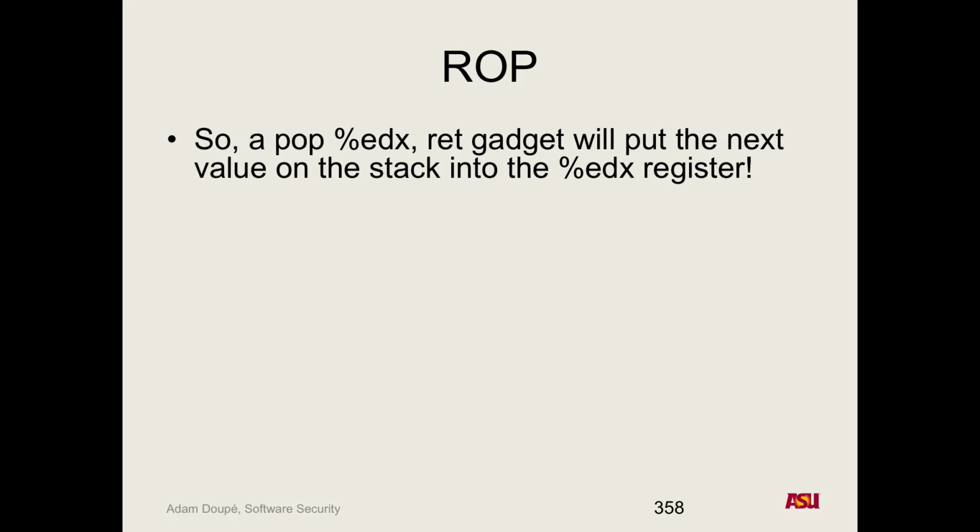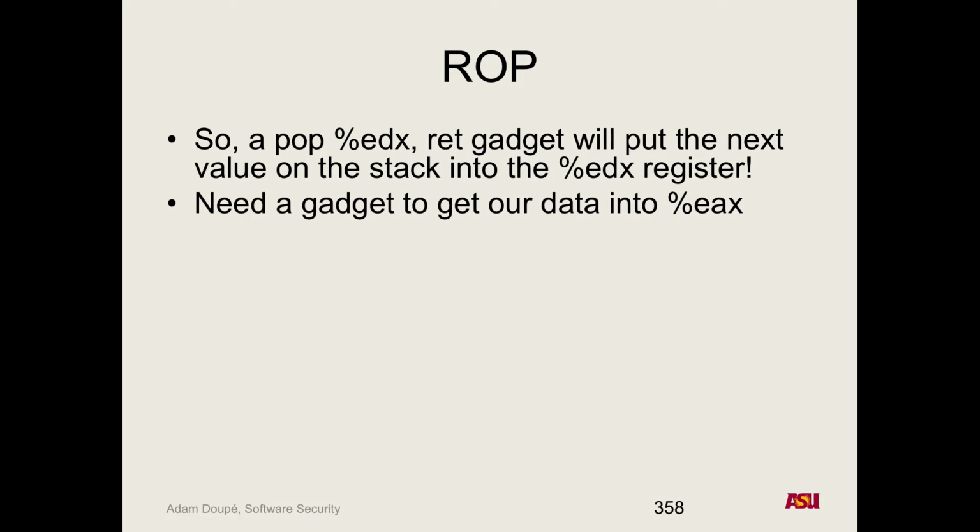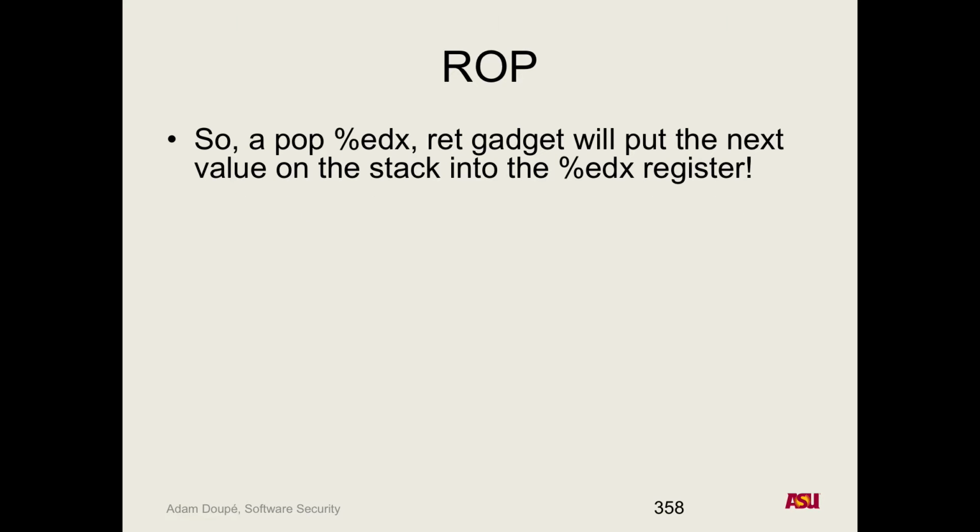So we can use this as a building block. We have this pop EDX return gadget on the stack, but we need to not only control EDX, we need to control what else? EAX, we also need to control what? ECX, and EDX, and oh, we already did D. All of them, A through D, right?